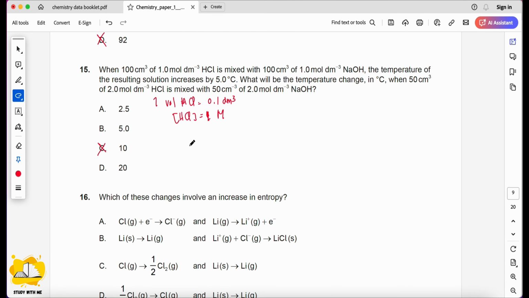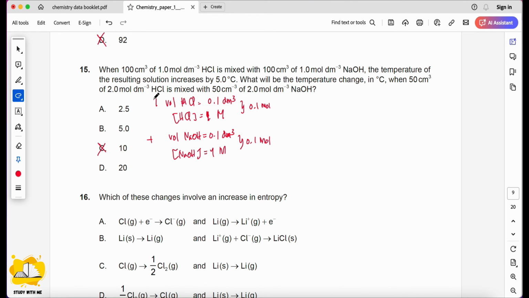And for the reaction with NaOH, the volume of NaOH is the same, which is 0.1 decimeter cube, and the concentration of NaOH is also 1 molar. So this will give you 0.1 mole, and this will give you 0.1 mole as well.